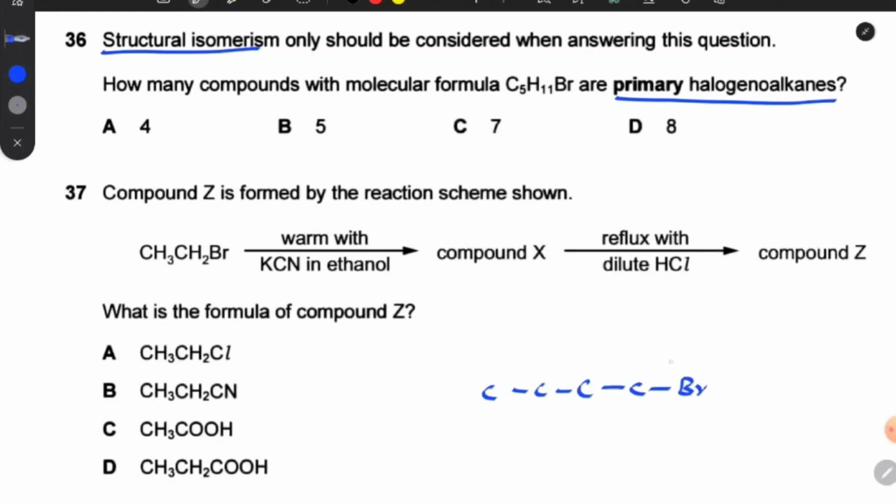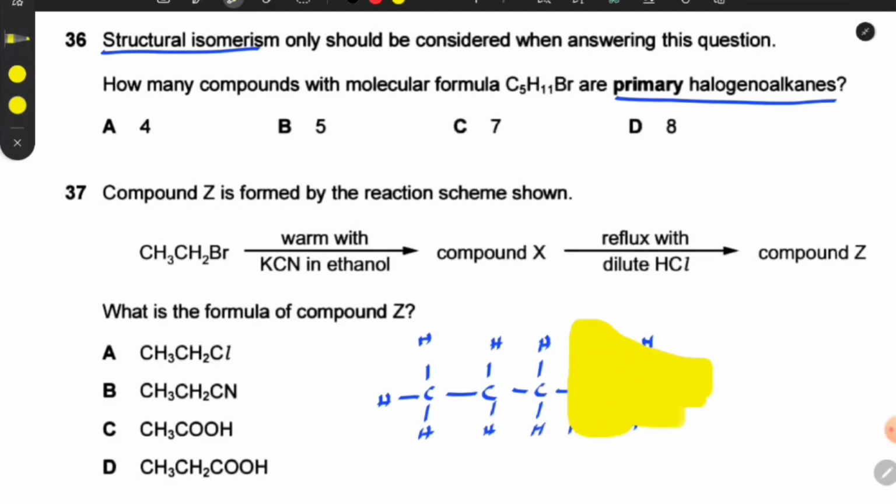So we are drawing structural isomers. It could be one where all these carbon atoms are in a straight chain. So this is one possibility. And the other possibility is that, just keep in mind that you are having this group the same, because this is the criteria of being primary, like our functional group that is attached with one carbon, and that must attach with only one carbon.